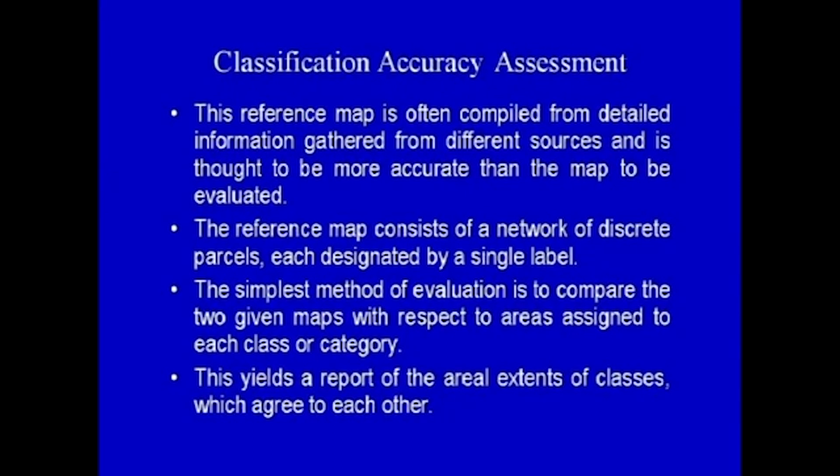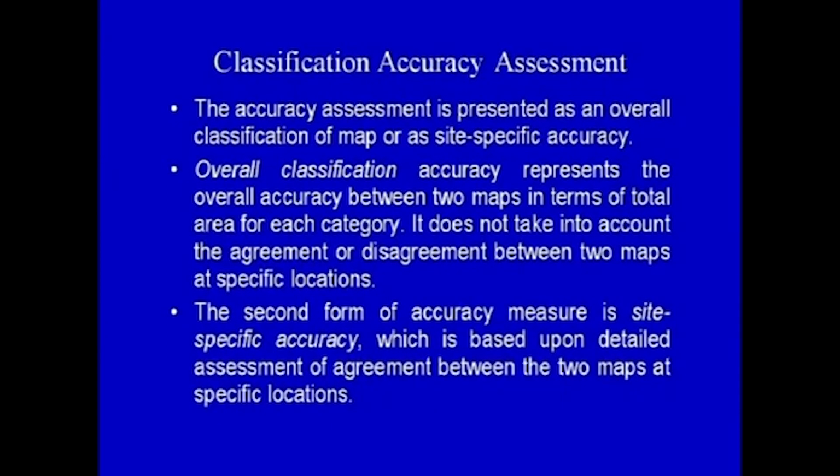The reference map consists of a network of discrete parcels, each designated by a single label. The simplest method of evaluation is to compare the two given maps with respect to areas assigned to each class or category. This yields a report of the areal extent of classes which agree with each other. The accuracy assessment is presented as an overall classification of the map or as the site specific accuracy.